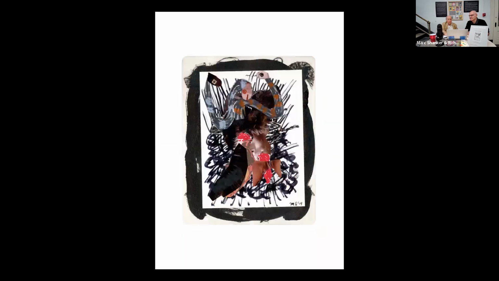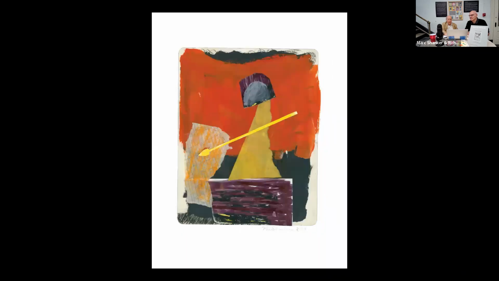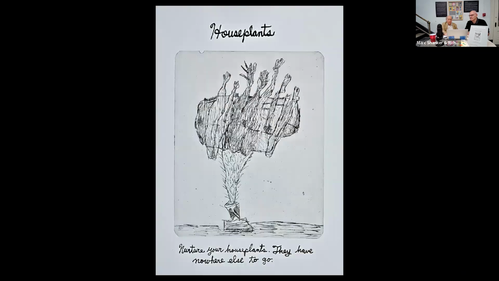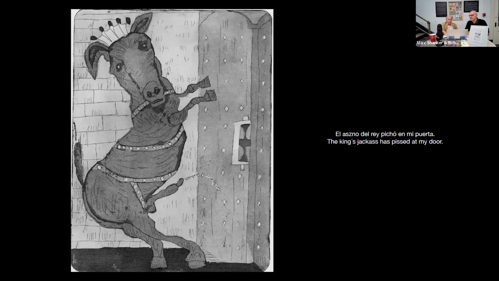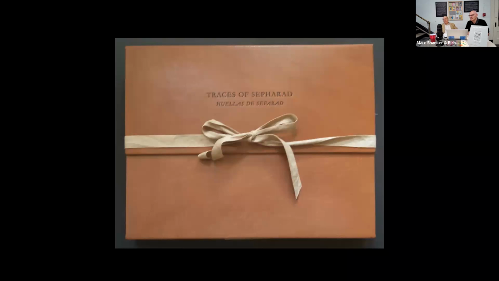I want to just show you another one that I had this great idea, and Richard figured out how to do it. So I knew that when the Jews left Spain in 1492, they were only permitted to take what they could carry, literally carry. They weren't allowed to take any wealth of any sort, but basically what they carried was their culture.